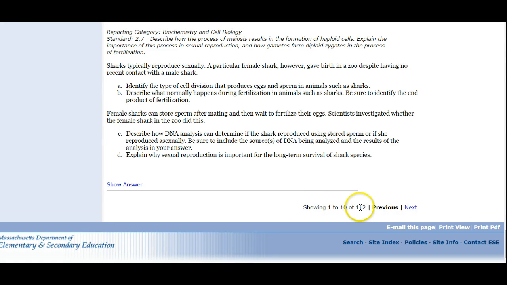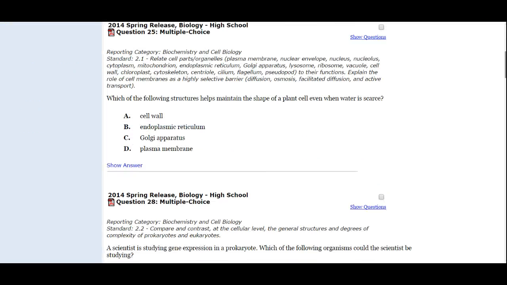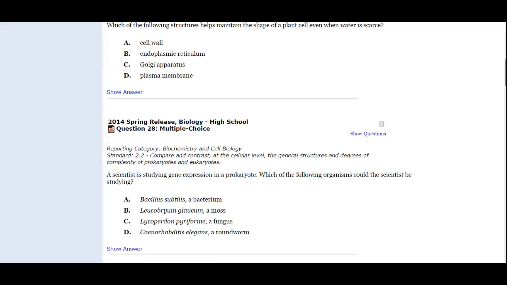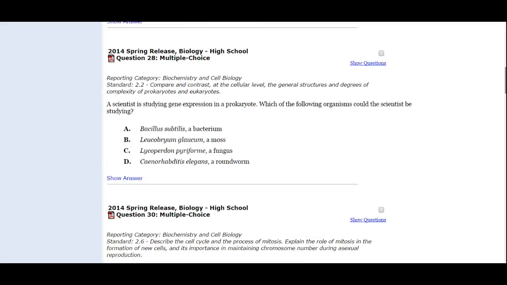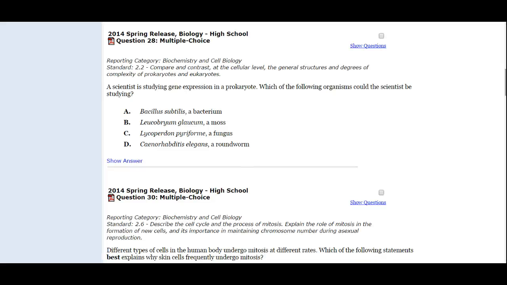Okay, there's 112 cellular biology questions, so lots of them. It's probably the biggest topic in here, maybe genetics. Okay, look, all these fancy Latin names. A scientist is studying gene expression in a prokaryote. Which of the following organisms could the scientist be studying?